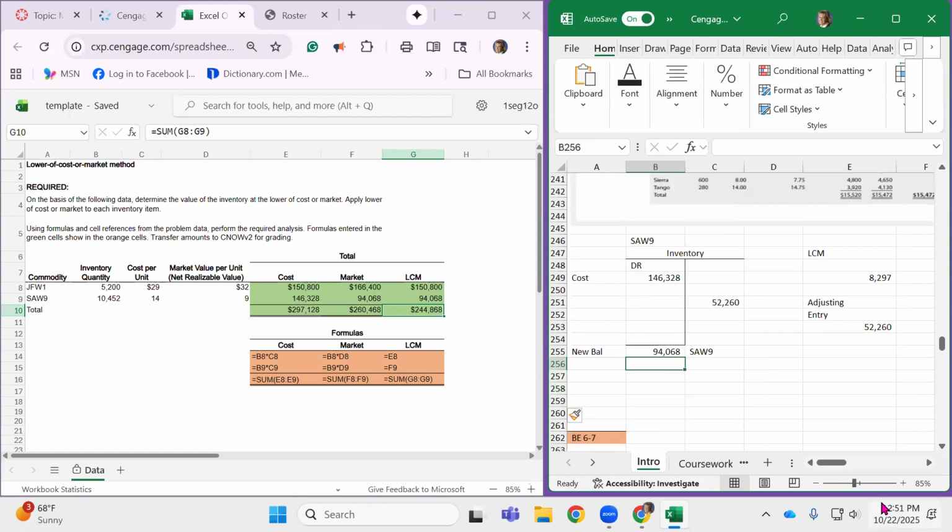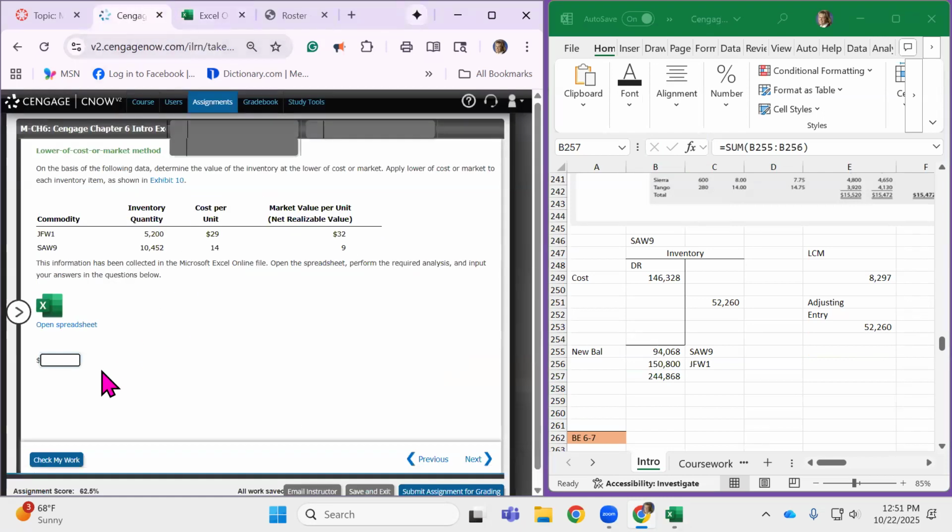This is the item. So we get to keep 150,800 for JFW 1. We're going to add down here. And that's $244,868.